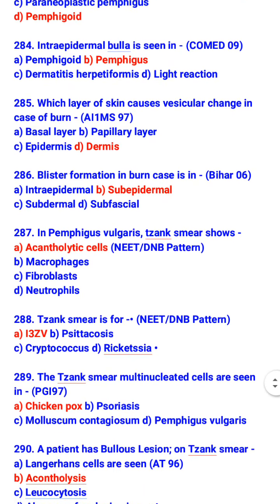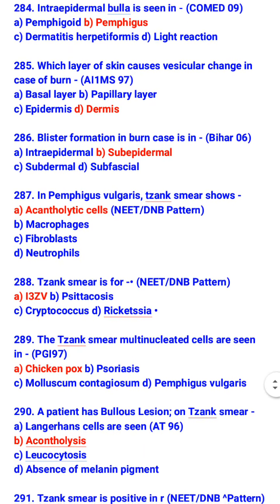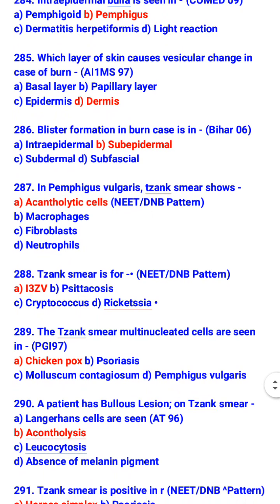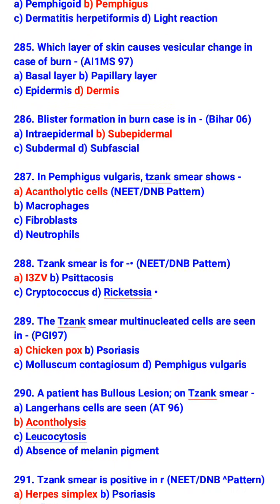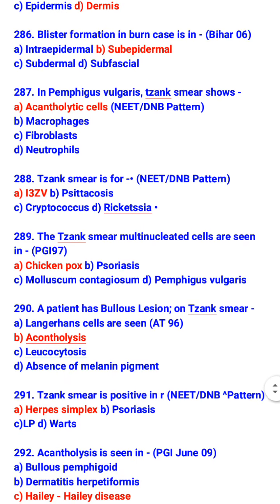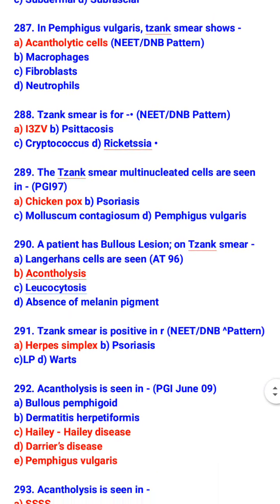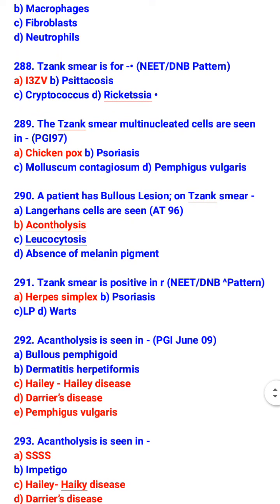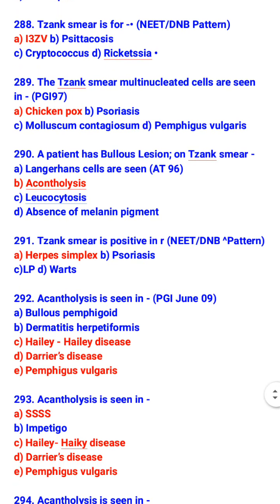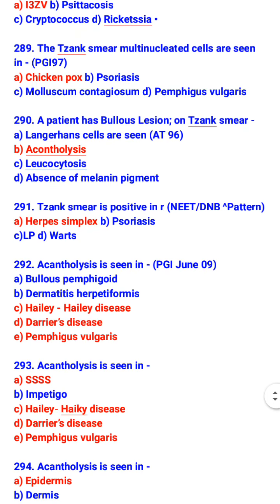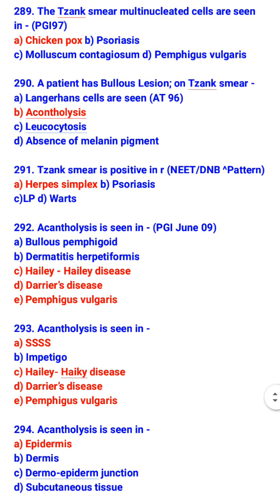In pemphigus vulgaris, Tzanck smear shows acantholytic cells. Tzanck smear is also used for herpes zoster virus. In the Tzanck smear, multinucleated cells are seen in chickenpox. A patient has a bullous lesion, and on Tzanck smear, acantholysis is seen; then Tzanck smear is positive in herpes simplex.